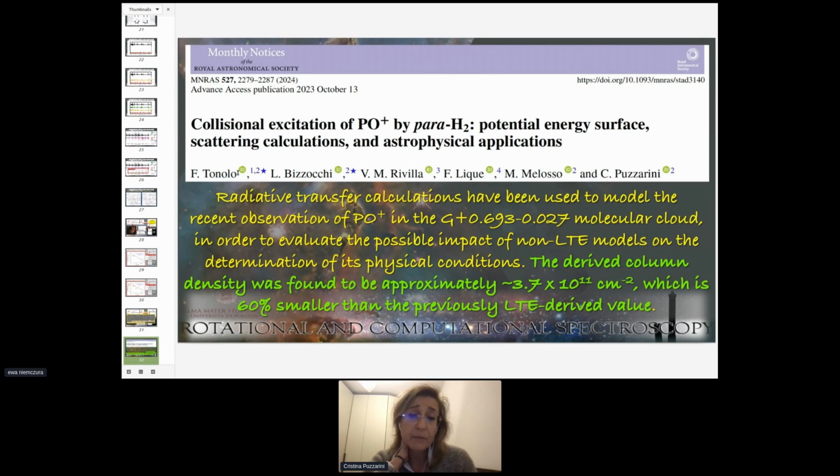Using the LTE approximation, the column density was by far greater. And in this study, we investigated the collisional excitation of PO+ by molecular hydrogen, which is the main perturber in molecular clouds.